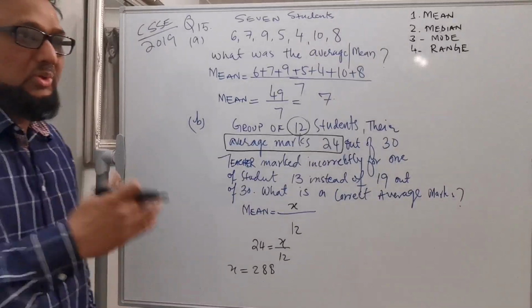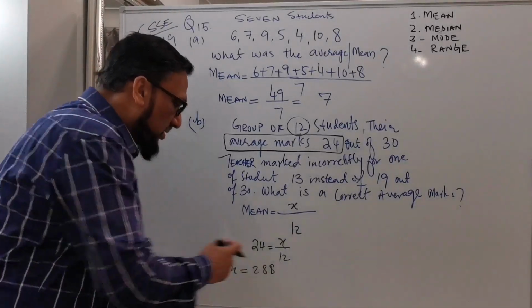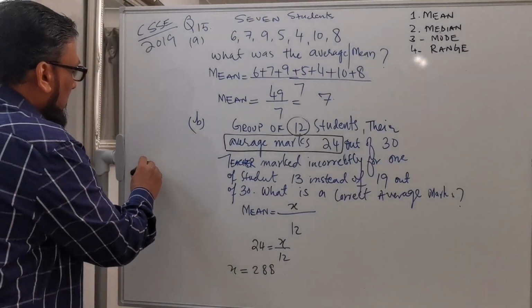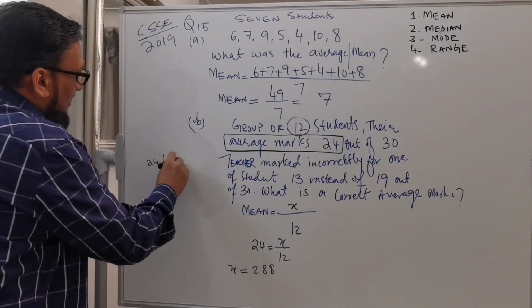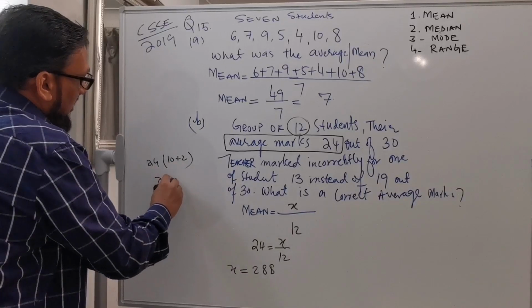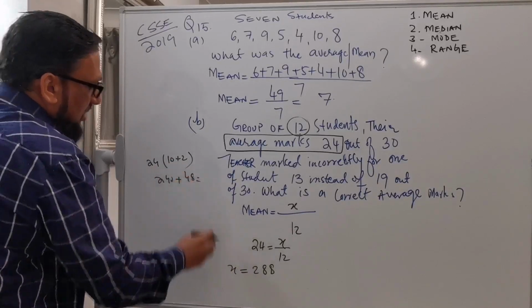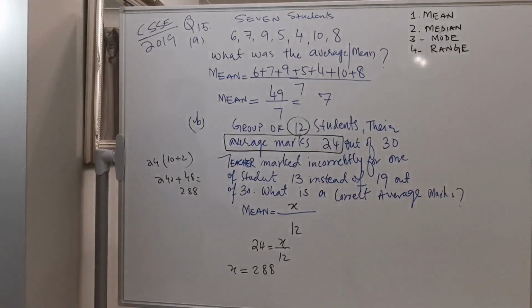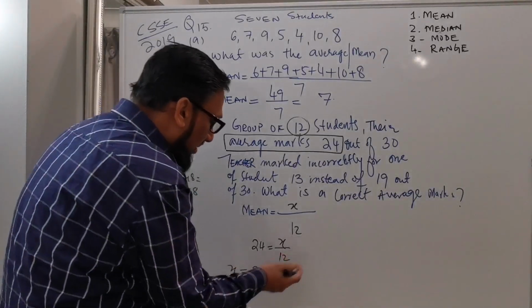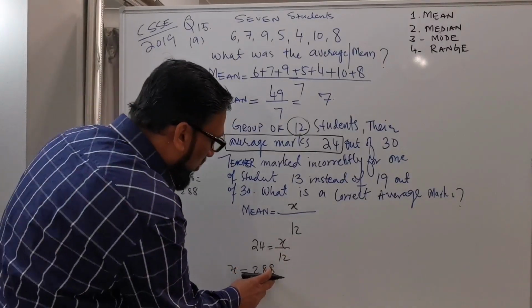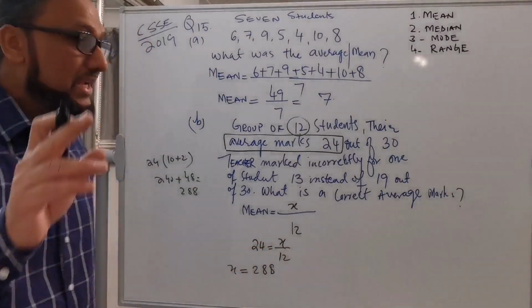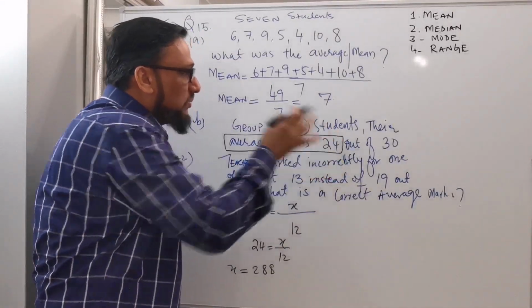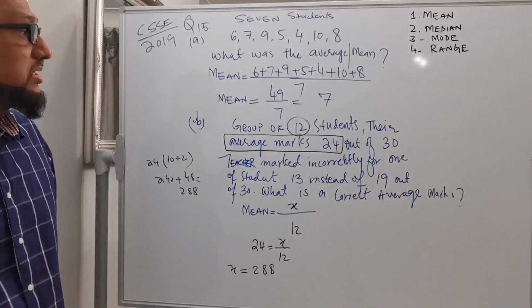If you add 240 plus 48, it comes to 288. So the sum of the data, 288, was used when they found the average mark, which is 24.